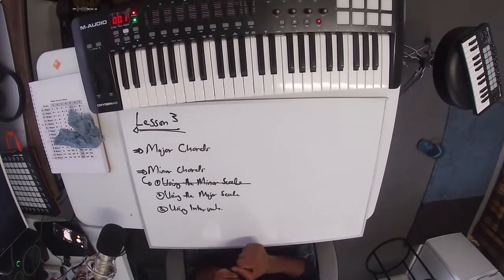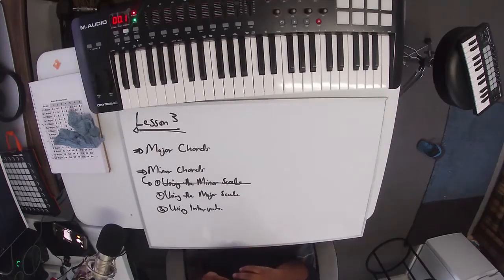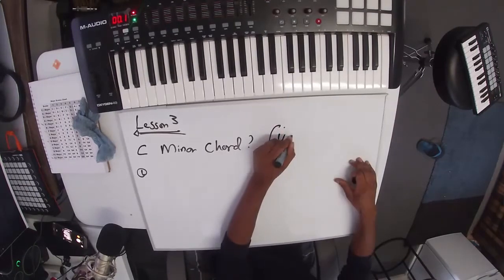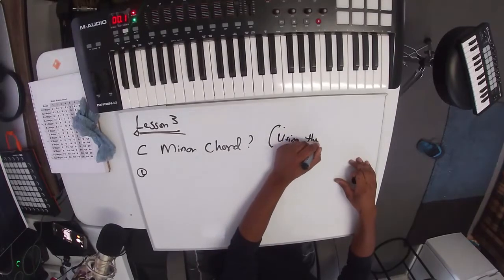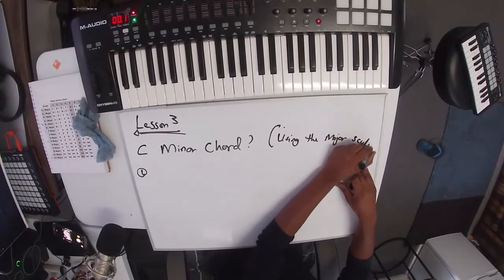Instead, I'm going to use the major scale, which we already know, and make a minor chord using the major scale. C minor chord. How do we make a C minor chord using the major scale?